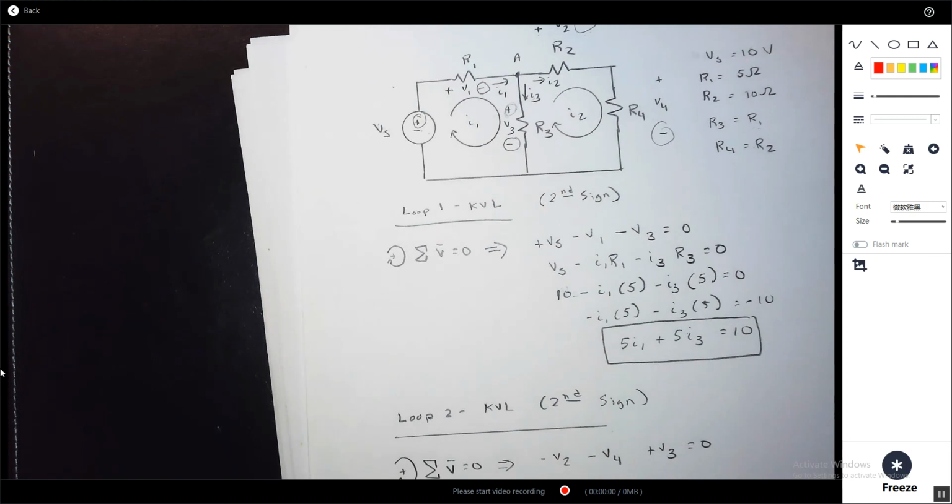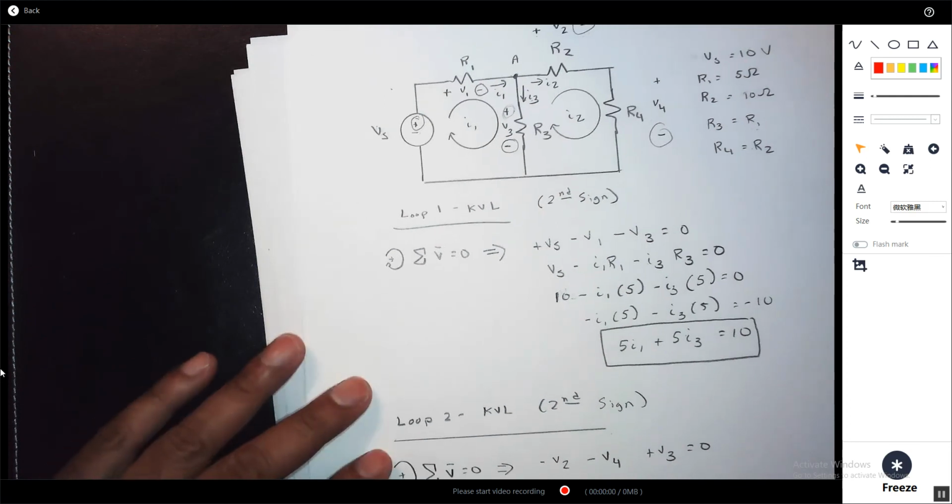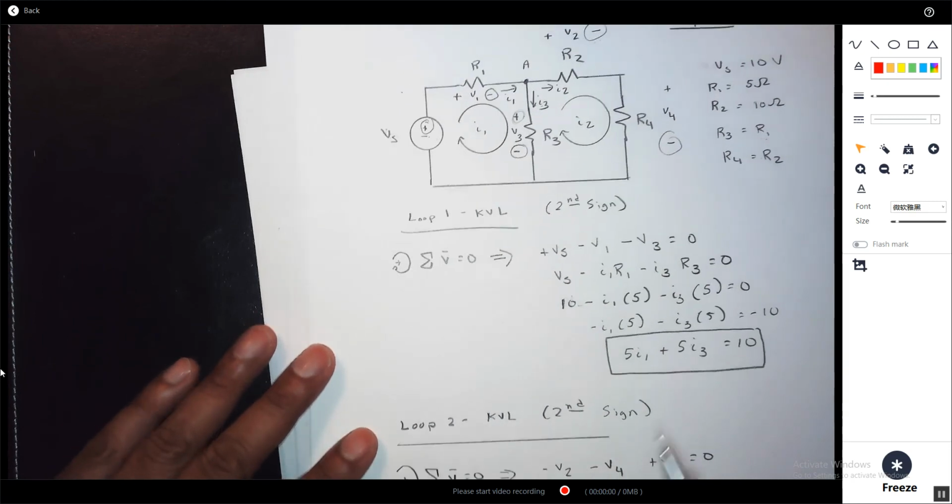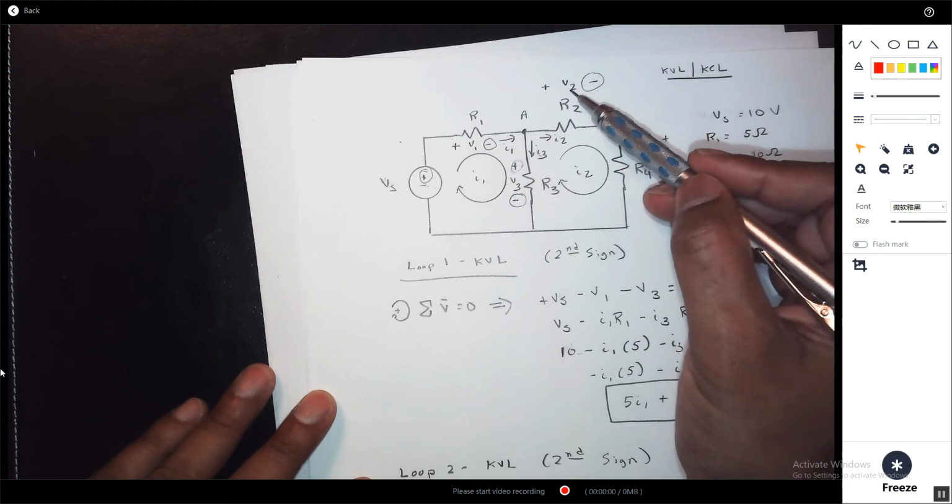Okay. Now I simply replace the values. V2 down here is up here, which is I2 R2.